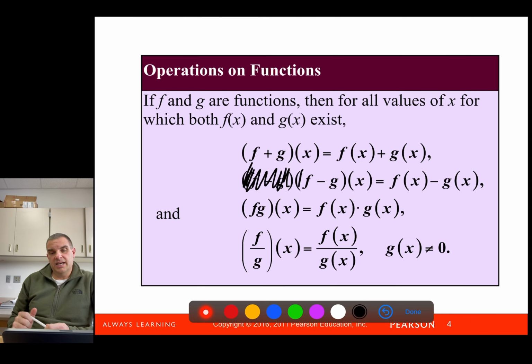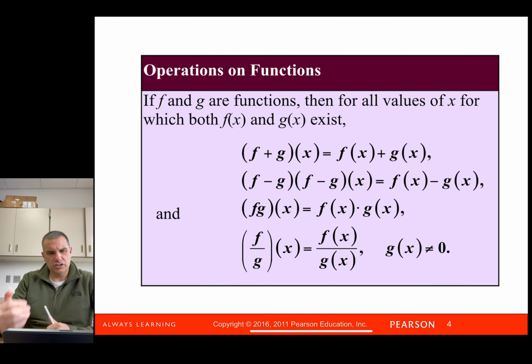F g x means f of x times g of x. And then f divided by g of x is f of x divided by g of x, again keeping in mind that g of x cannot be 0 because you're not allowed to divide by 0. That's really what we're going to be looking at in this first part, is just using these different operations.